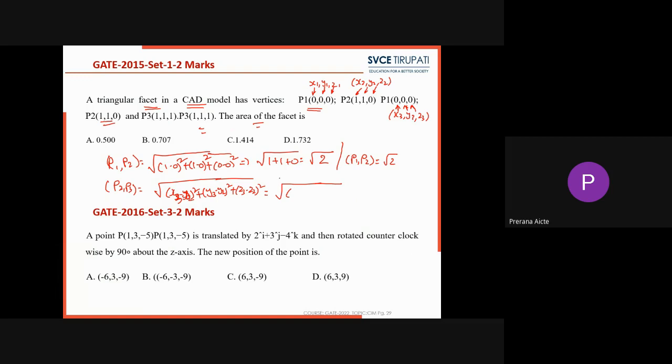The distance is the root of (x3 minus x2) whole squared plus (y3 minus y2) whole squared plus (z3 minus z2) whole squared, that equals root of (0 minus 1) squared plus (0 minus 1) squared plus 0 squared. So this one is nothing but the root of 1 square, that equals 1.